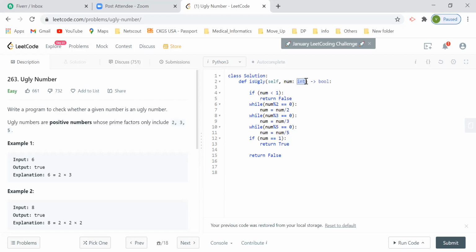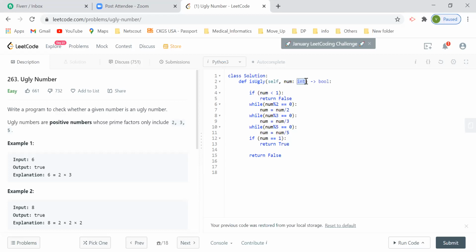So basically, you don't need the first if statement, because if the number is less than 1, it is a negative number, since here it is an integer, right? It is not an unsigned integer.